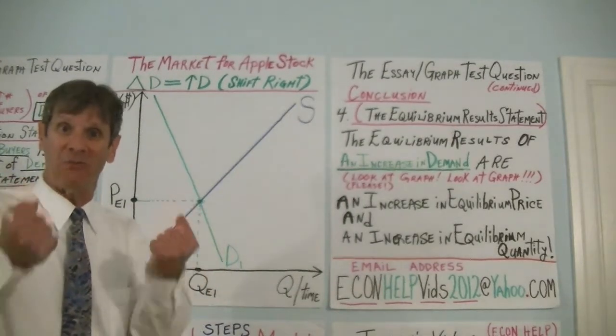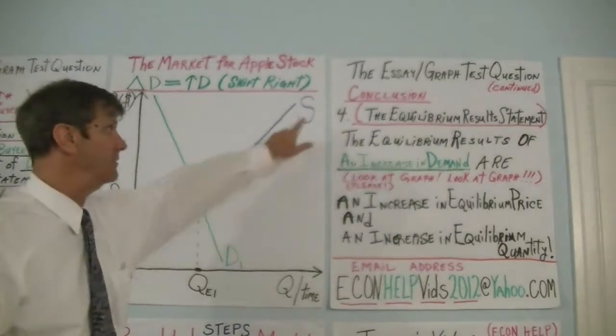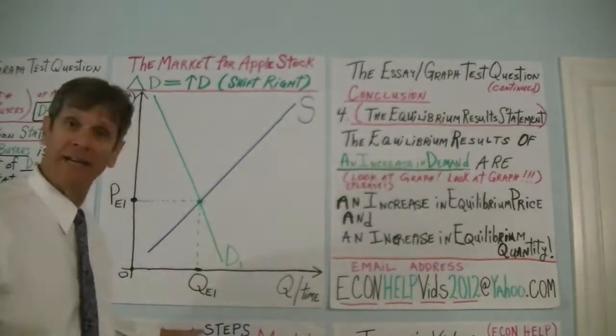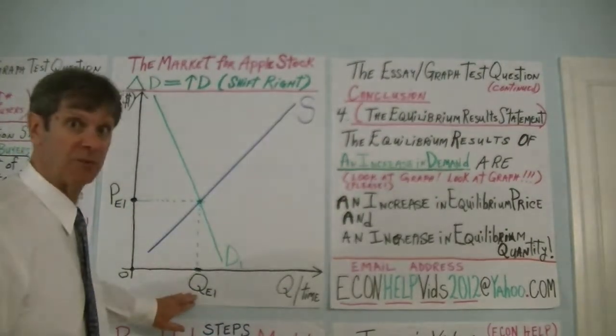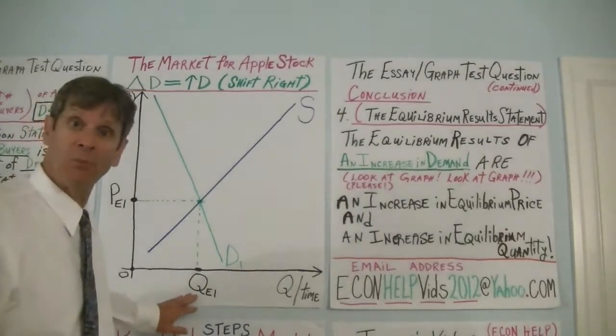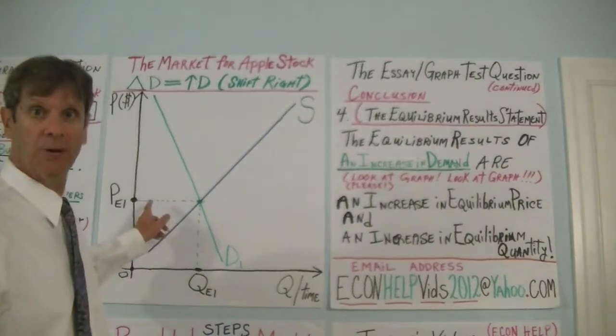Okay? So that's why we have the equilibrium situation, where at the intersection of the demand curve and the supply curve, quantity demanded equals quantity supplied. More about this in future videos, but that's a special quantity. And therefore, the price that brings that about is referred to as the balancing or equilibrium price.